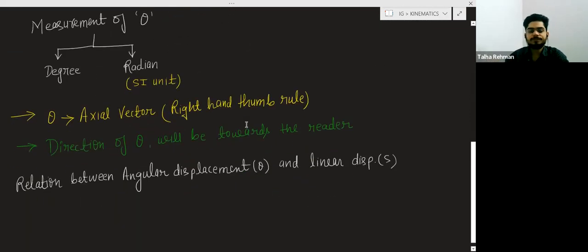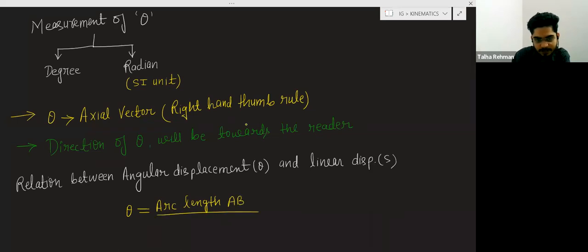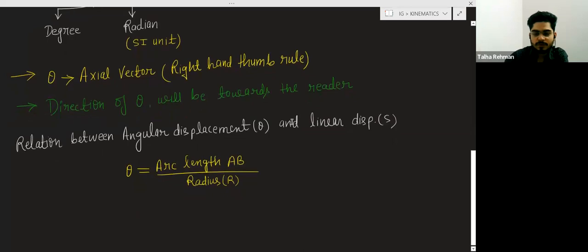Okay, so you can just define the relation. Theta is equal to arc length AB divided by radius R. So what is your theta?